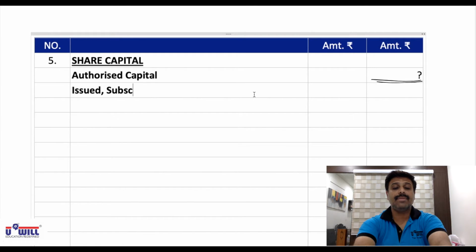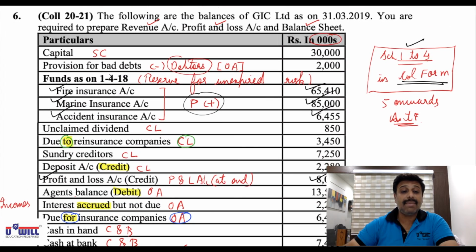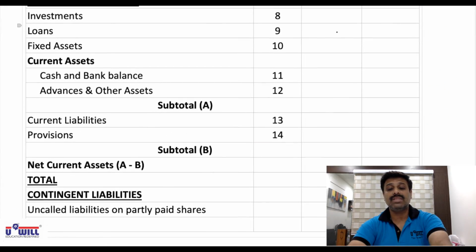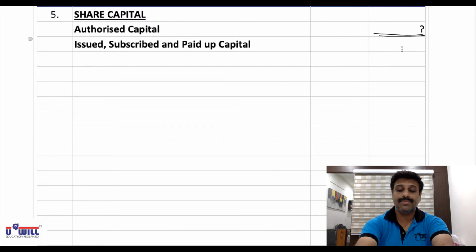What is the amount? This capital is 30,000. How many shares, etc., is not mentioned. The details are not given. So we'll simply write 30,000, and that itself will become the total.